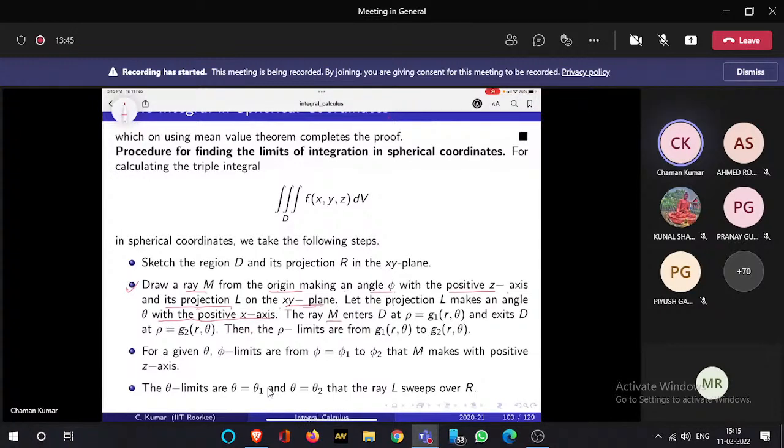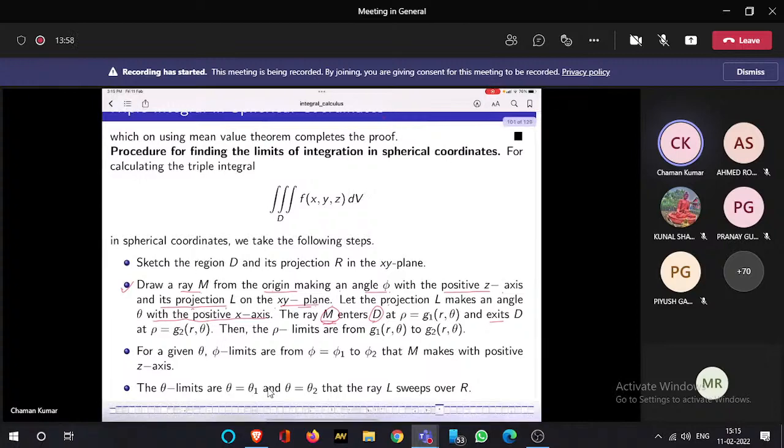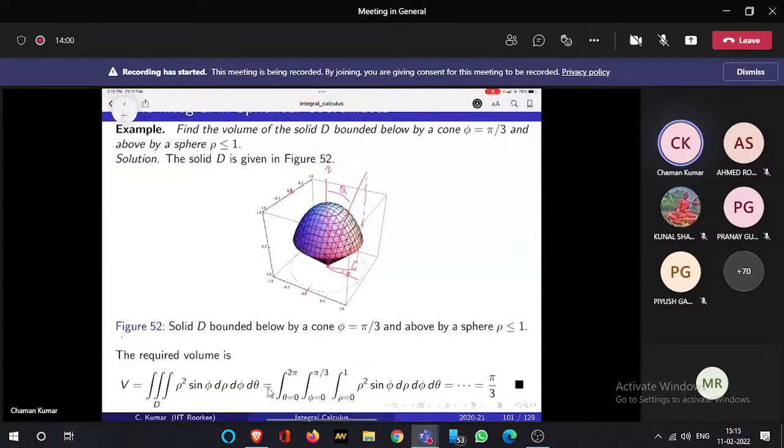Now identify the range of rho. How do we identify the range of rho? We see the entry point of this ray M inside the region D and the exit point. So the entry point of this ray M inside the region D is this one. Rho is equal to 0. This is the entry point.